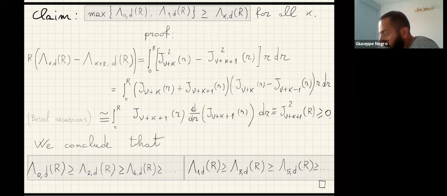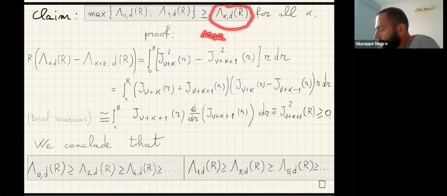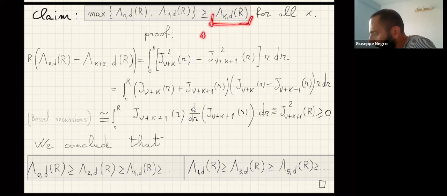Let's spend a little bit of time on this slide. So remember, we wanted to find the maximum for k in N of this.